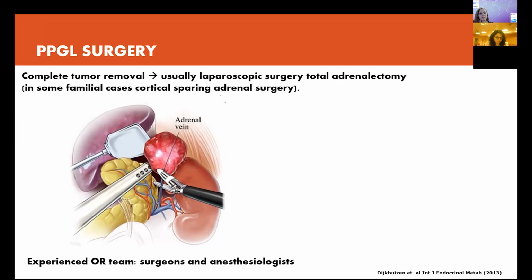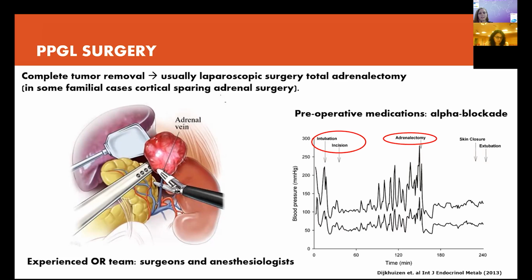The important part is an experienced OR team. Surgeon and anesthesiologist are crucial for safe surgery. And we also use antihypertensive medications known to block the effect of those hormones, and we call them alpha blockers.